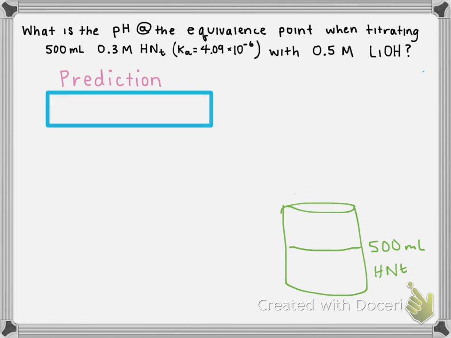And we're going to have a burette, and from which we'll add our lithium hydroxide. And we're going to do this until we reach the equivalence point, which just means we're going to have equal moles of acid and base.